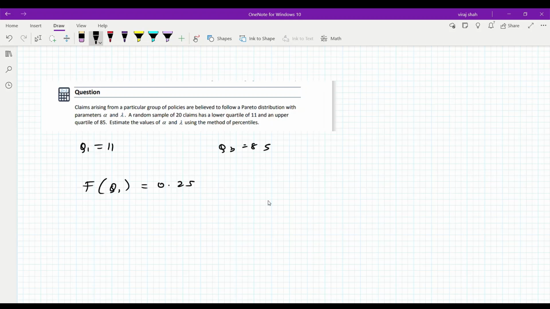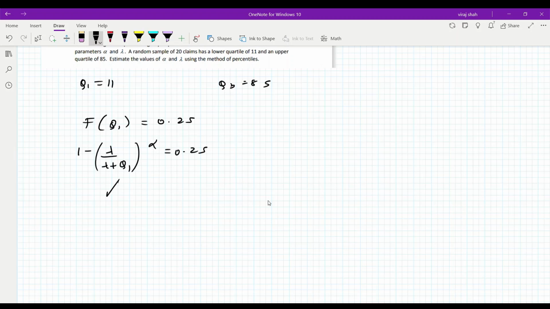Therefore 1 minus lambda upon lambda plus q1, the whole raised to alpha, is 0.25. If you simplify, this will turn out to be q1 is equal to lambda times (0.75 the whole raised to minus 1 by alpha minus 1).